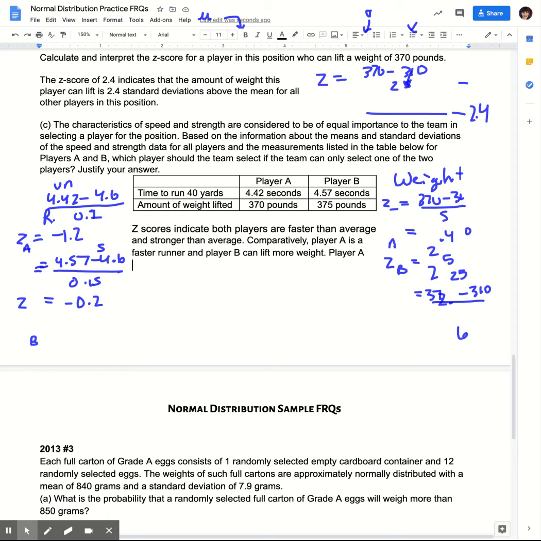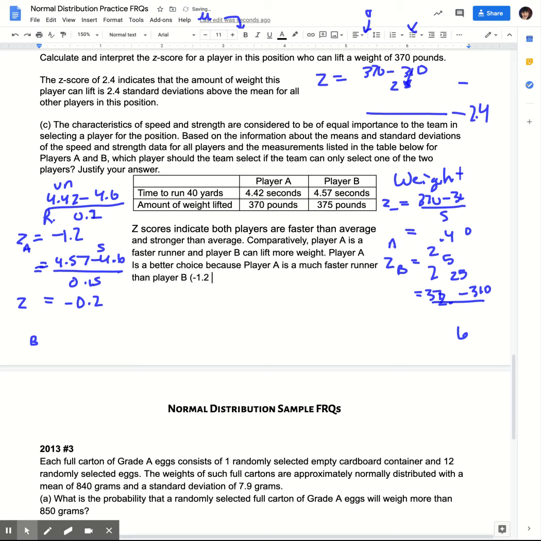Okay, so player A, so you've talked about the z-scores, you've talked about who's a faster runner and who can lift more weight, and then you have to select one of the two players. So you would say player A is a better choice because player A is a much faster runner than player B, right?